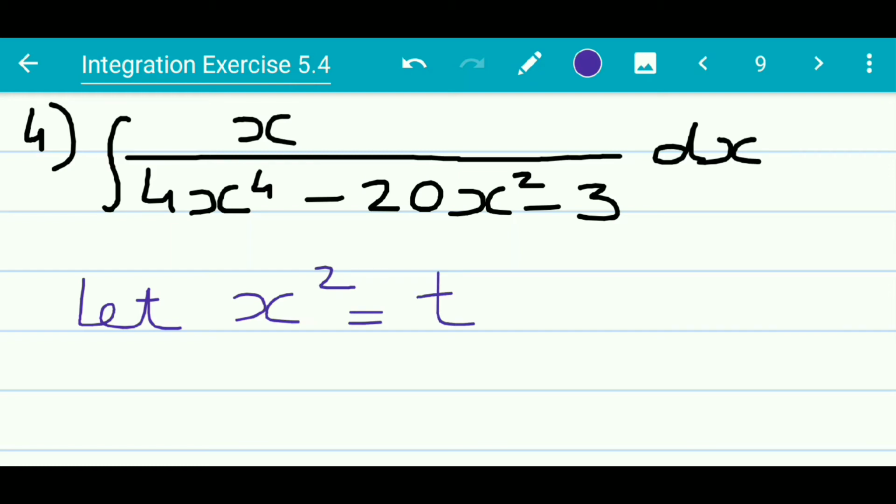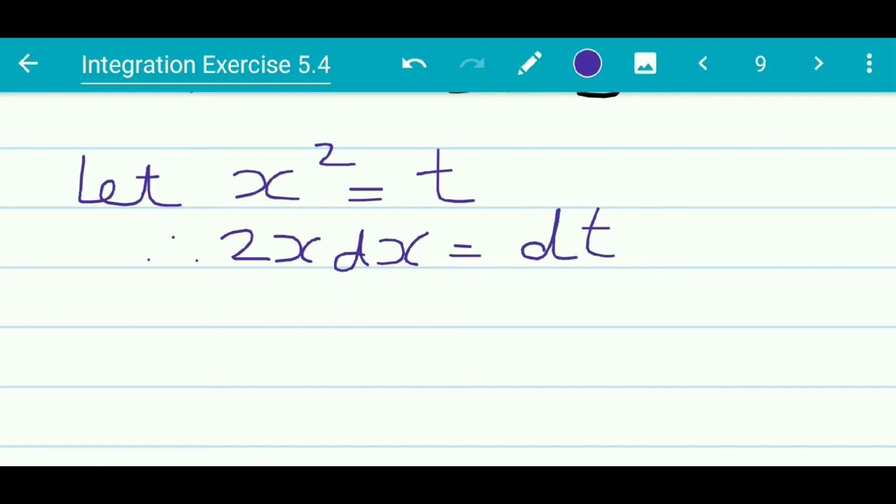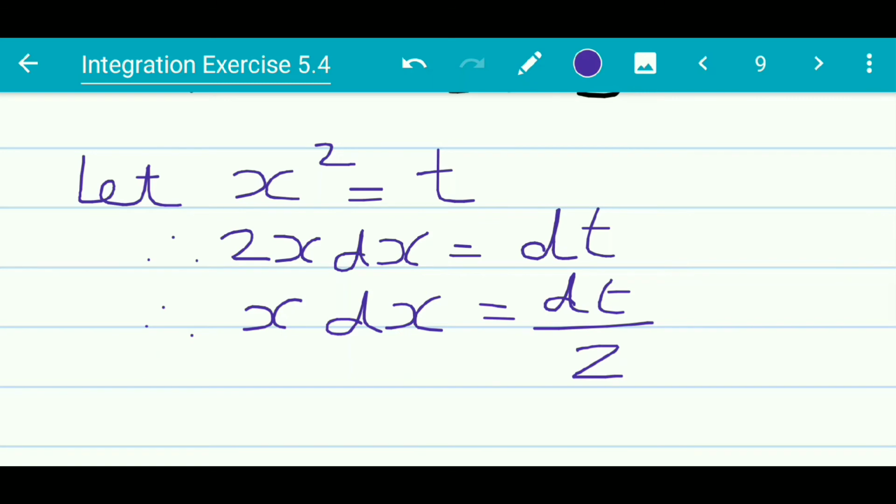Let x square is equal to t, and then the next step is differentiating both the sides with respect to x, isn't it? So we get, therefore, 2x dx is equal to dt, or x dx becomes dt by 2. In this way we are going to substitute.